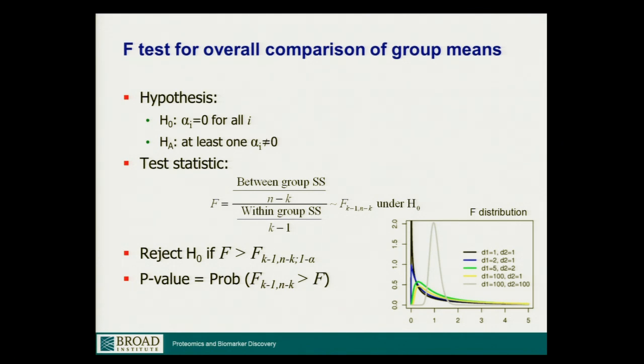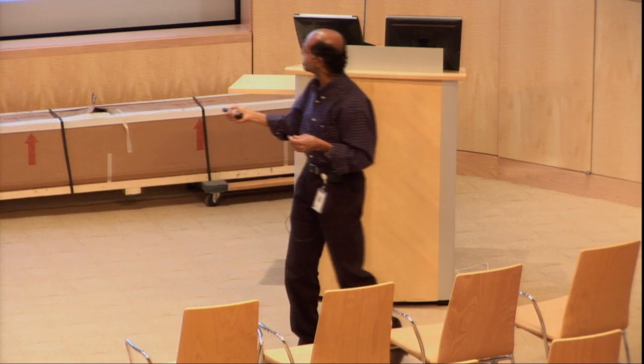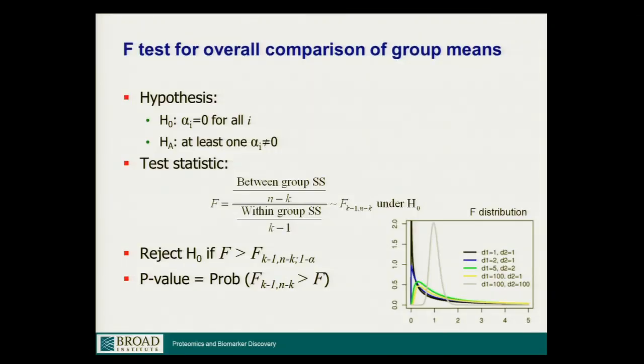So how many values do you need inside each group? You need enough to calculate a standard deviation, which means you need 2 values in each group. Right, so you need 2 numbers to calculate a standard deviation. But if you have a lot of groups, then you are calculating a lot of means and standard deviations, so you would need more. So that's where this thing called the degrees of freedom comes in.